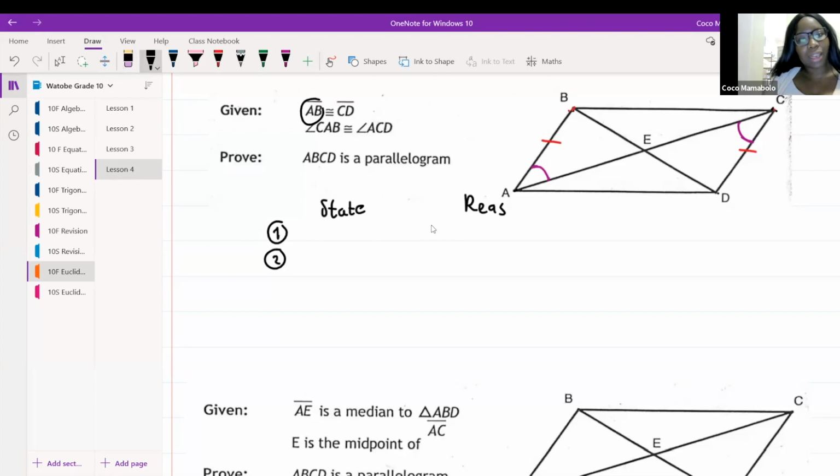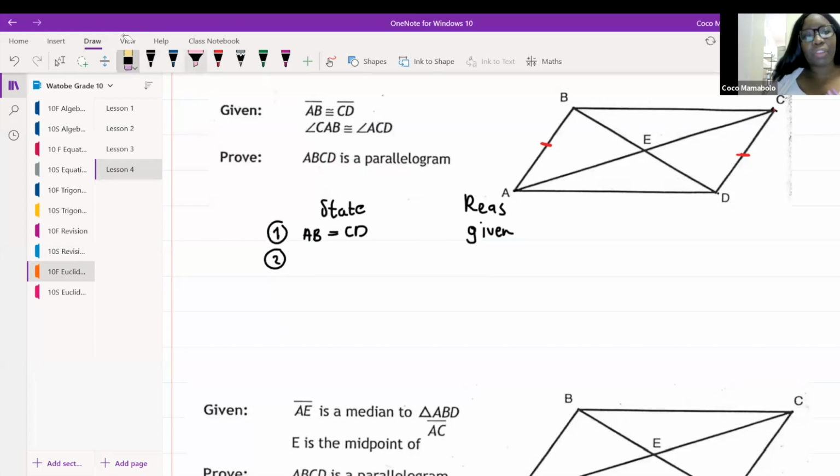They told me that AB is equal to CD. That's what I wrote down. My reason is that it's given. They said that AB, this side over here, is equal to CD.